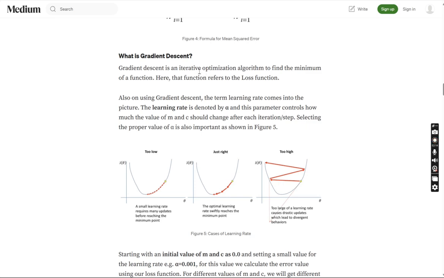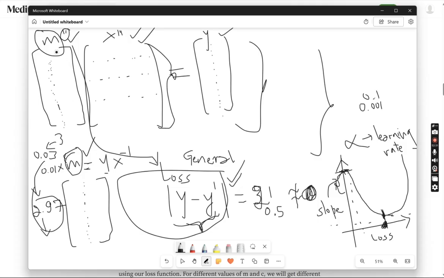Gradient descent is nothing but decreasing using the learning rate. Learning rate is just a term, some arbitrary value that you multiply with the slope to decrease its impact on the loss. Why are you multiplying with the slope only? Because x is a fixed value, y is a fixed value.